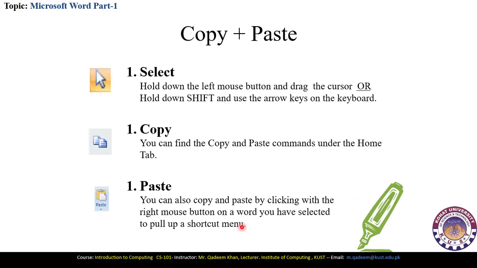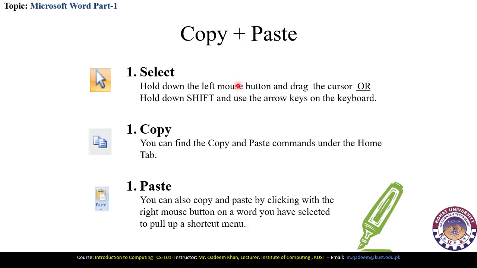Now you can select, copy or paste the text inside your Word document. To select the text, press the Shift key and then with the arrow keys go down or up, then the text will be selected here.